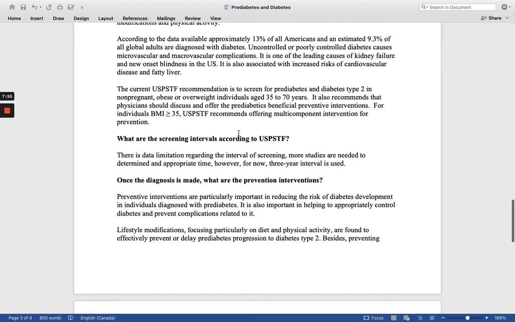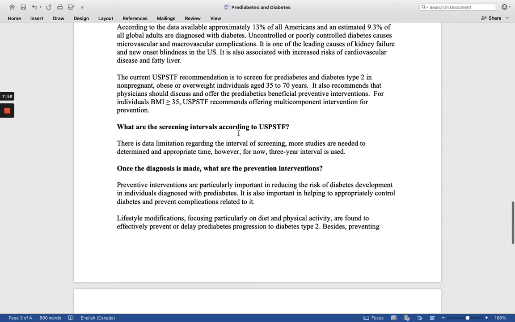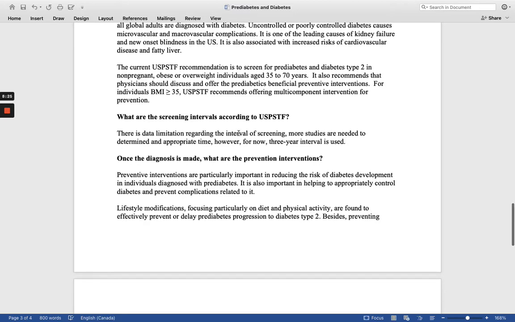Now what they've done is they have formed a new screening recommendation for diabetes and prediabetes, and it is for non-pregnant, obese or overweight individuals between ages of 35 and 70. So the screening starts at 35 in obese or overweight individuals who are non-pregnant. Okay.